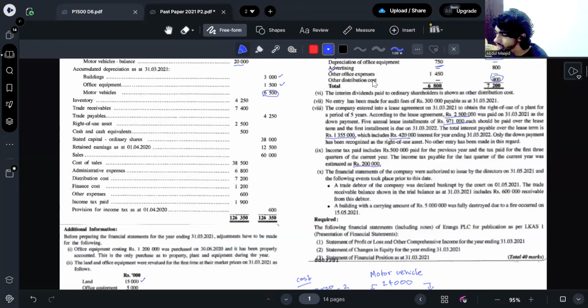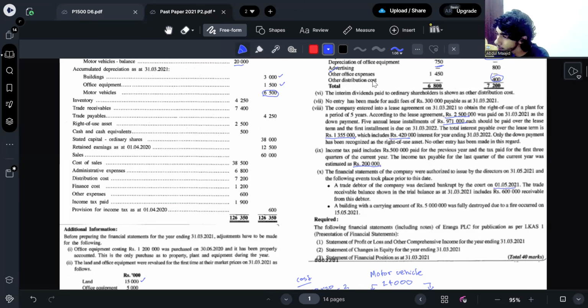Next. The financial statements of the company were authorized to issue by the directors on 31st of May 2021, and the following events took place prior to this date. A trade debtor of the company was declared bankrupt on 1st of May 2021. So he went bankrupt before the authorization date.